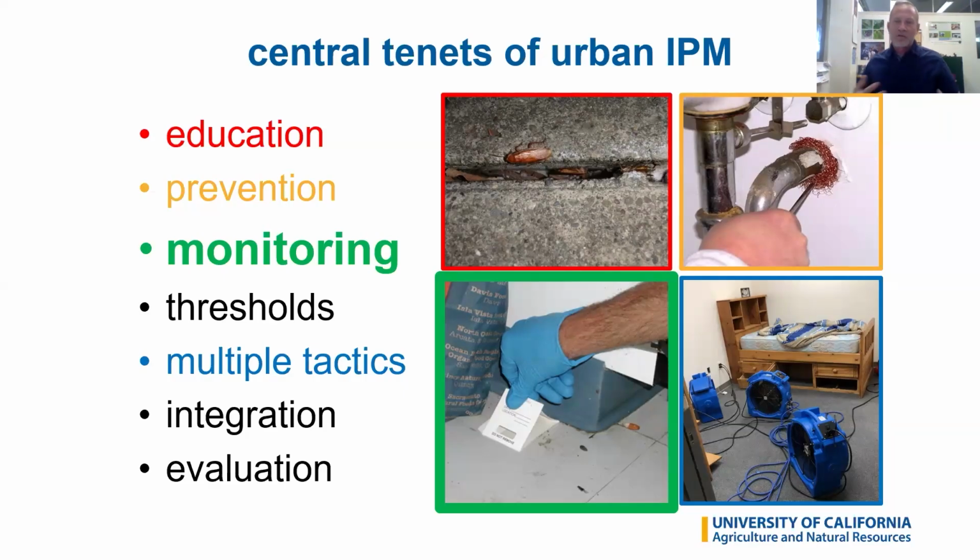And so we have to use this process of IPM that was developed for a different system and apply it to these urban systems. And the way that I like to teach this is a step-by-step process. It begins with education. And so my example here is the Turkestan cockroach in the top left image. This is a cockroach that lives outside.